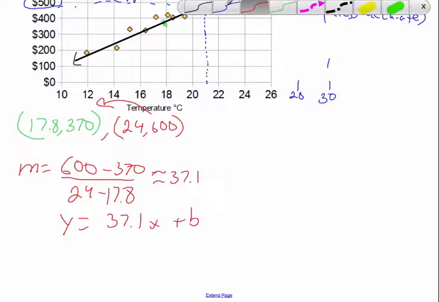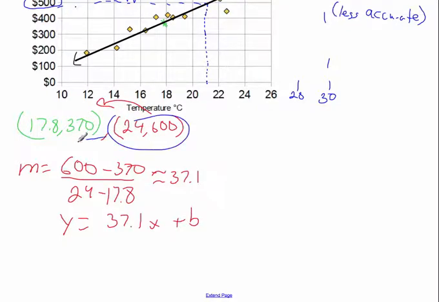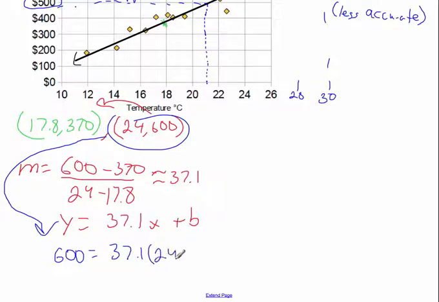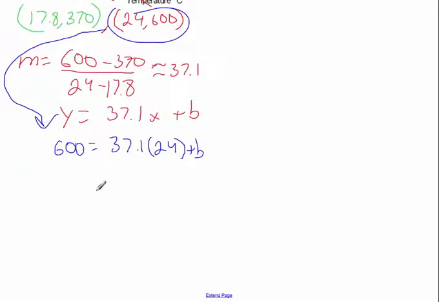I'm going to substitute in a point. I'll take this one, either one would do. So 600 equals 37.1 times the x value, which is 24, plus b. Actually, let's subtract that now and solve for b. So 600 minus 37.1 times 24 equals b.